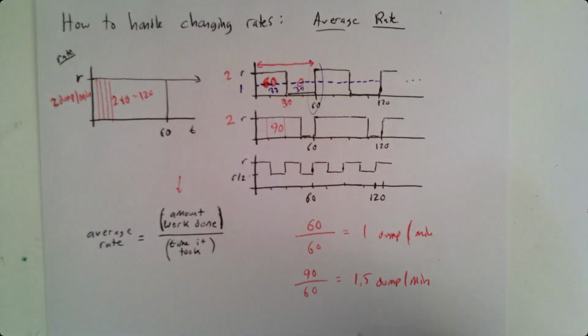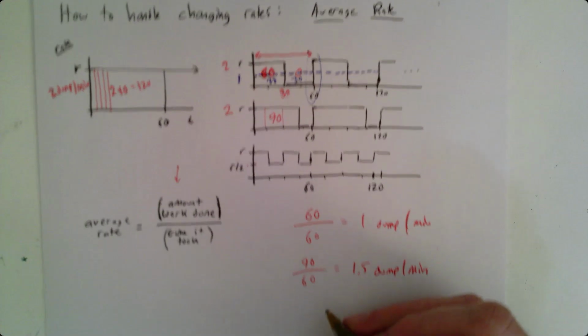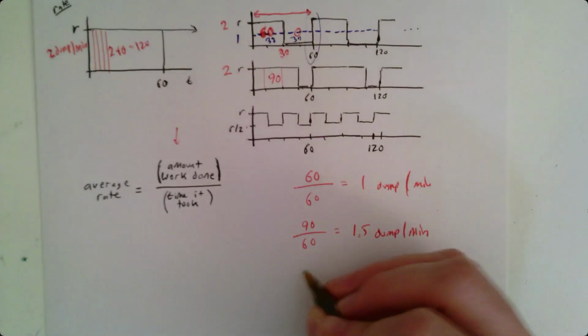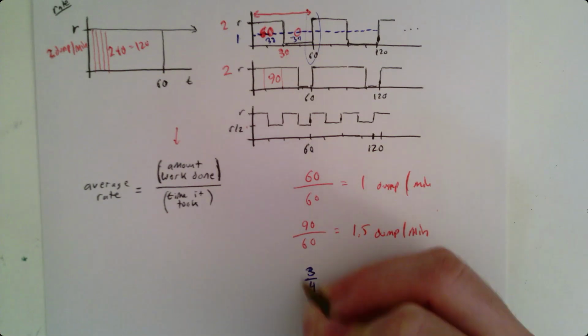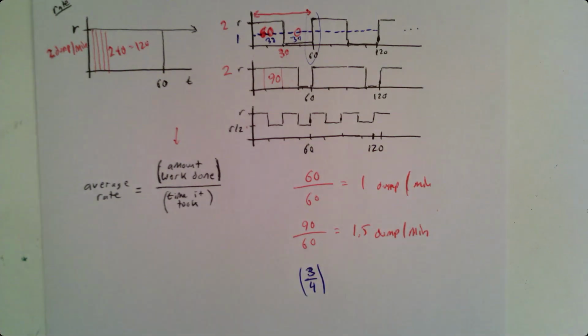So you could think about finding the average rate this way, as how much total work got done over the time interval, or equivalently, you could think about it as I work 75% of the time times the original rate. Therefore, my average rate is 3/4 of the original rate.